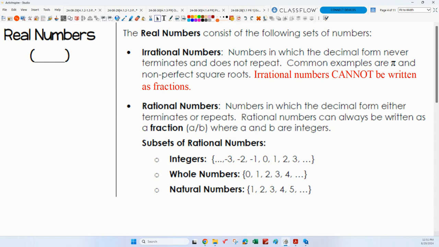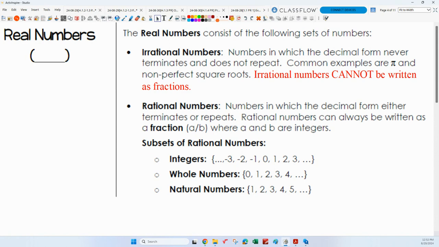If I write 1/4 as a decimal, what do I get? 0.25, okay? Do I need any more decimal places, or is that it? That's it, right? 0.25 is exactly 1/4. Anybody know what we call a decimal like that that just stops? It doesn't need to go any further.